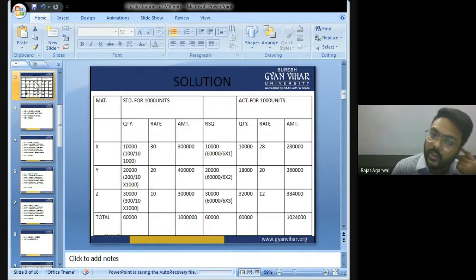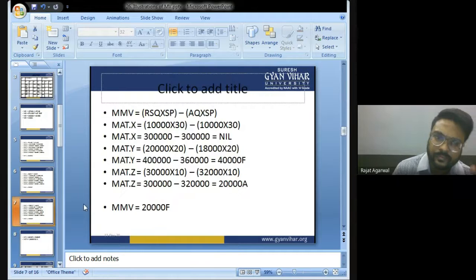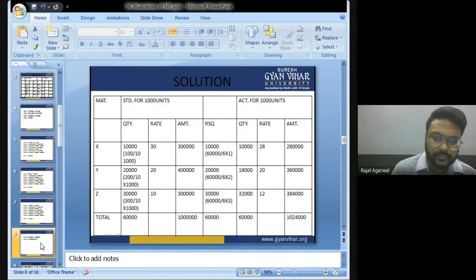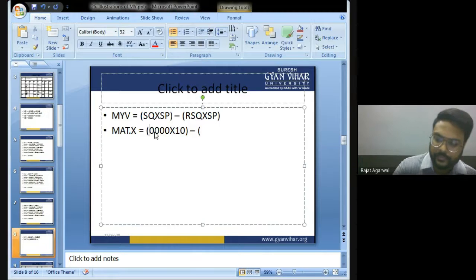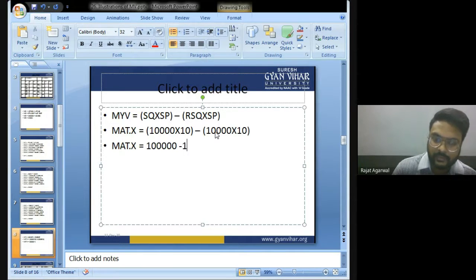Revised standard quantity of X is also 10,000, into standard price 10. 1 lakh minus 1 lakh, nil.